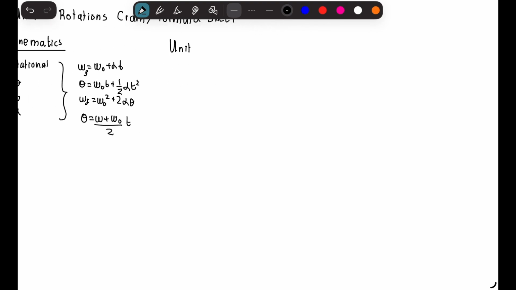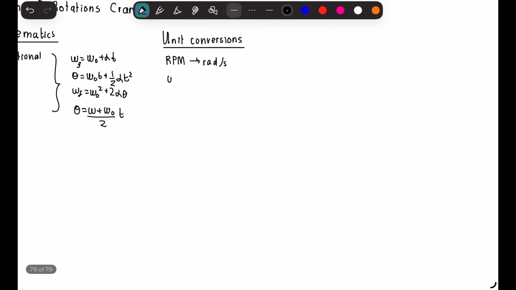There are a few unit conversions that you have to be able to utilize when you're reporting your final answer. When you have RPM, you want to convert this to radians per second. If you're given an omega, your angular velocity, that is going to be RPM times 2 pi divided by 60.